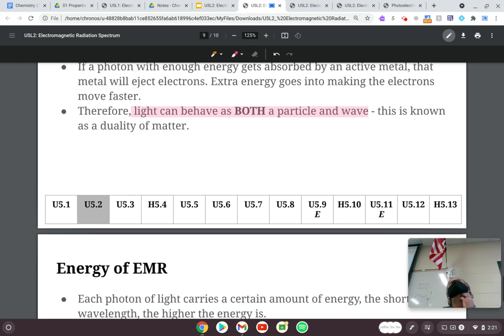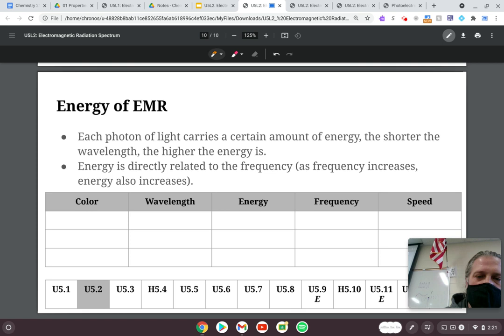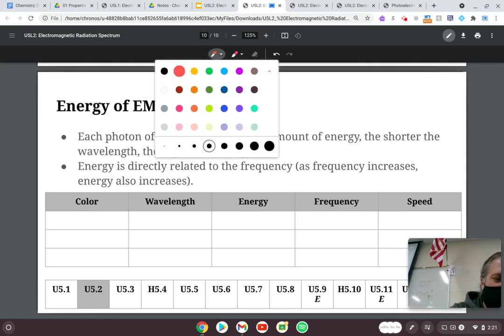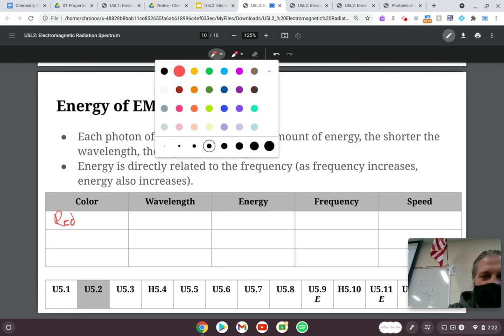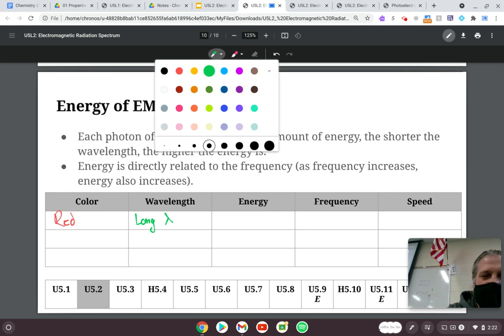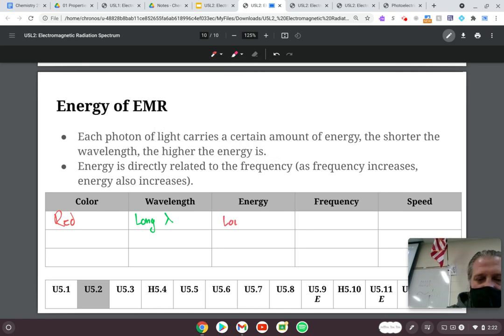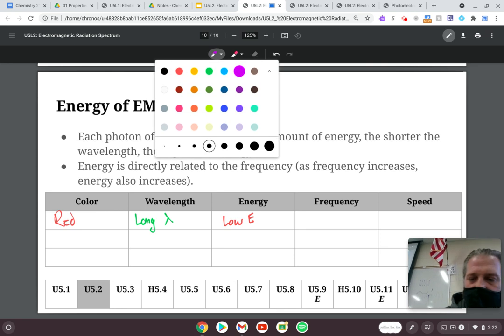Now, to make a table or categorize the information that we talked about today, when the red photons, so the color of the photons was red, the wavelength was long, the energy was low, and the frequency was low.